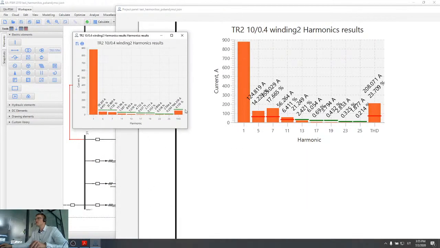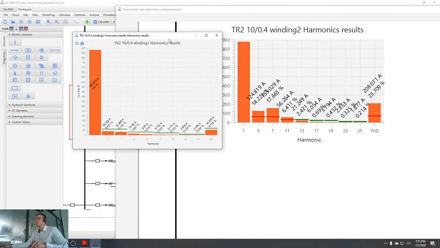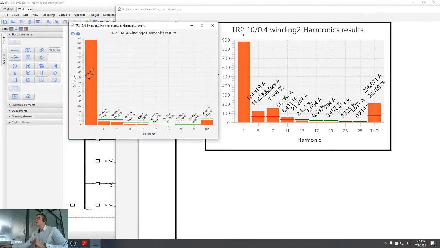So here are two histograms of the same line. Basically in both cases I have transformer 2, winding 2, and on the right side you can see how the harmonic currents looked without the tuned filter. You can see that 5th, 7th and 11th harmonics were all exceeding the permissible limit. Also total harmonic distortion was exceeding the permissible limit.